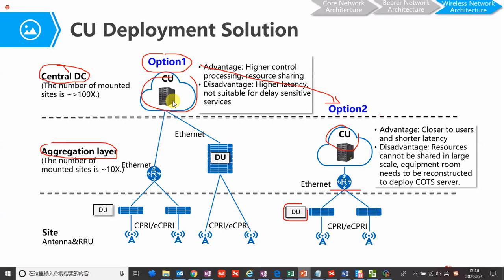Actually, in my opinion, for option 1, the CU can manage multiple DUs, but it needs a lot of optical fiber. But in some scenarios with low latency requirements, we need option 2. You mean changing option 1 to option 2, is it easy or not?